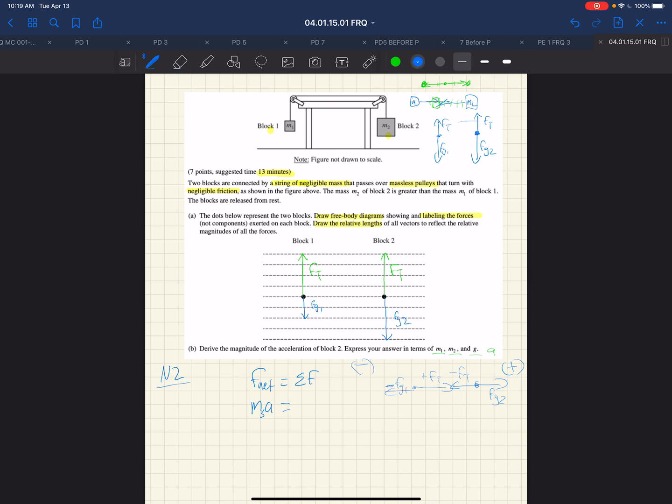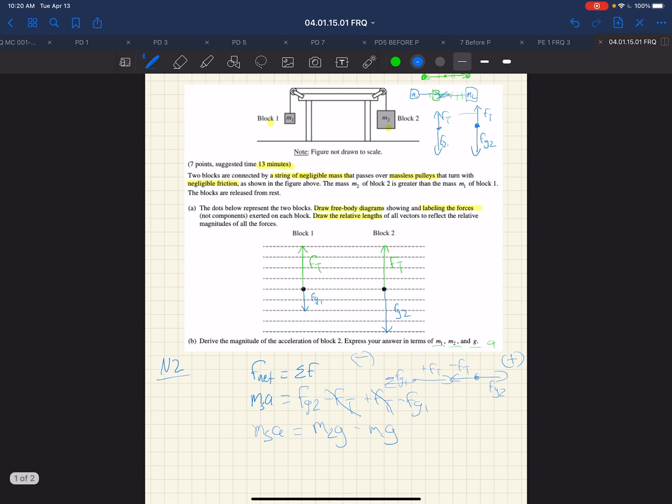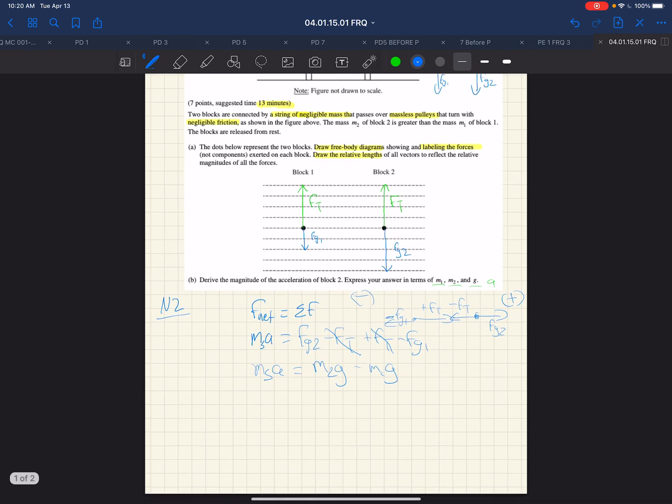So the sum of those forces then is FG2 minus FT plus FT minus FG1. Just wrote them all down. Now these two, of course, are going to drop out because they're equal and opposite. And we have mass of the system times the acceleration is FG2. And let me just do a substitution there. FG2 is M2G minus M1G. And we are looking for an expression for A, so we divide both sides by mass of the system.